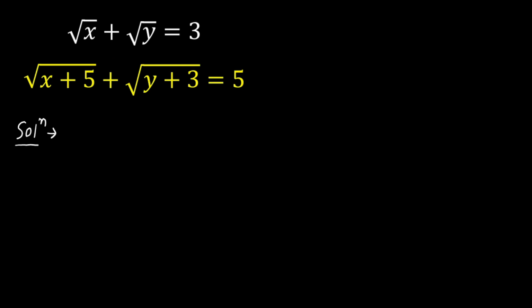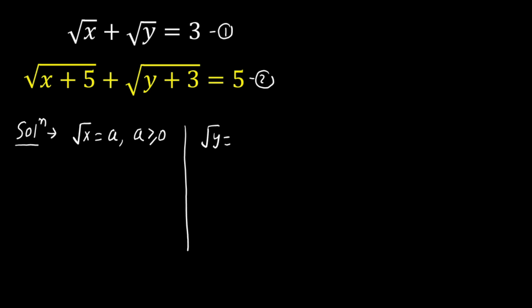Here we have two equations, and we will apply the substitution method. Let us consider this as equation first and this as equation second. Substitute square root of x equals a, where a is greater than or equal to 0, and square root of y equals b, where b is greater than or equal to 0.